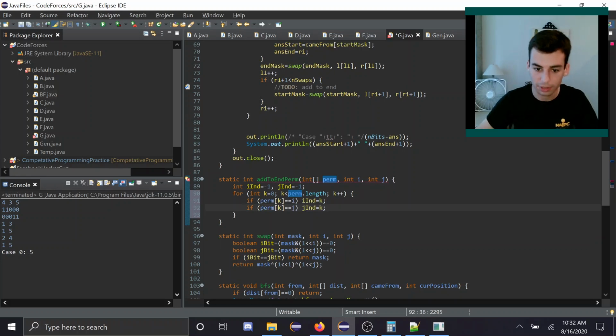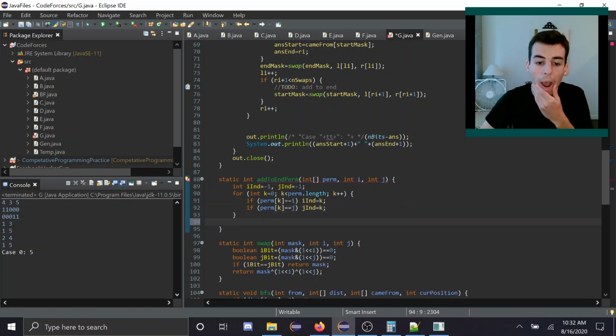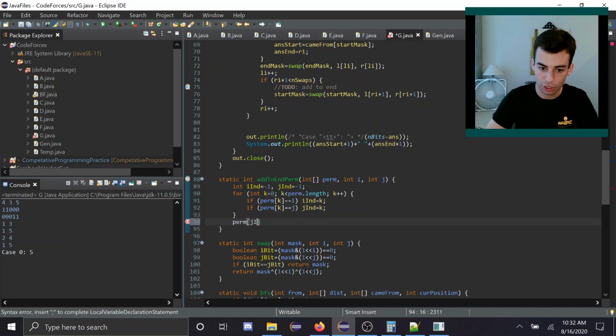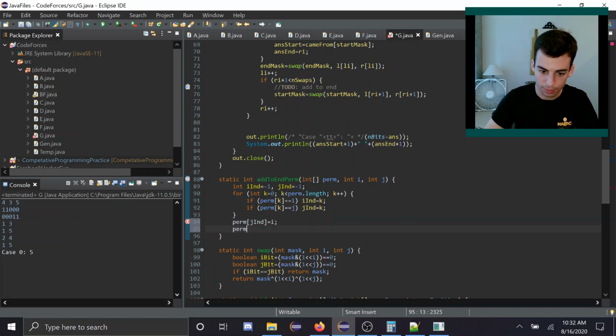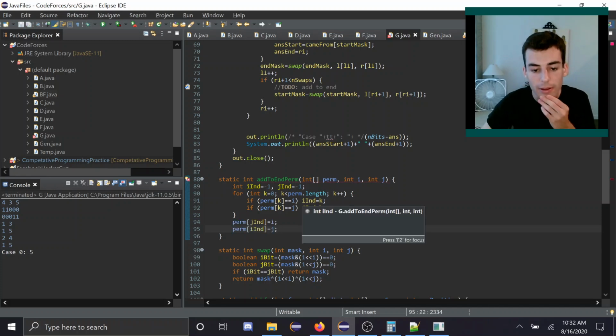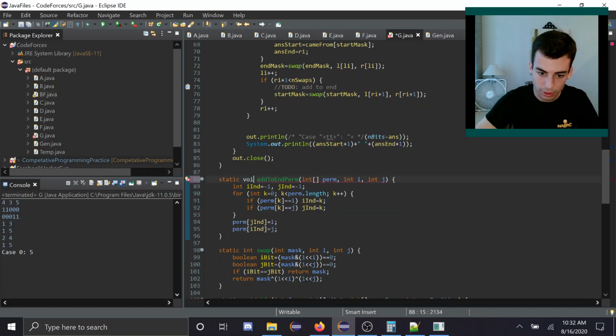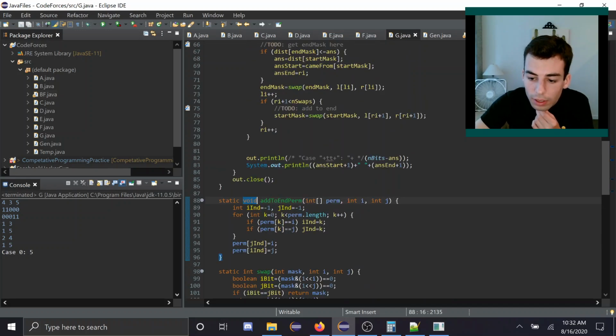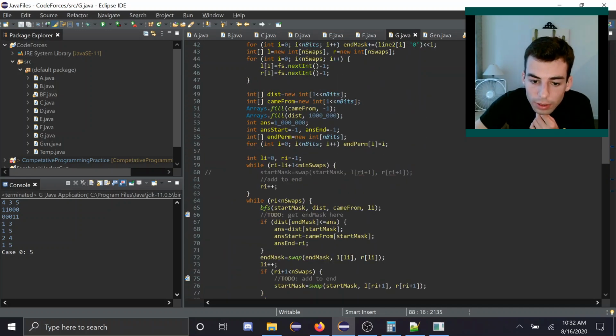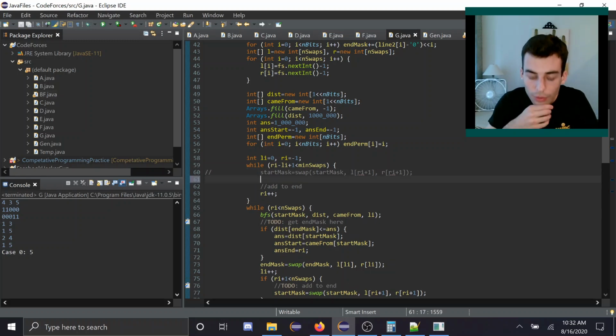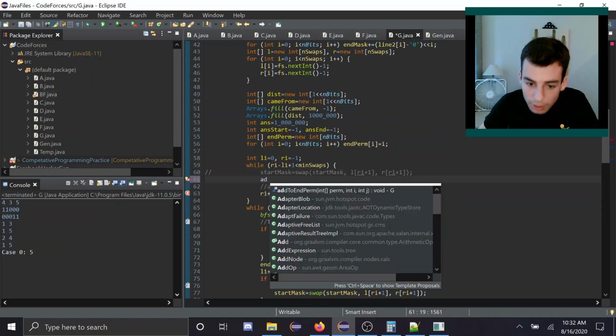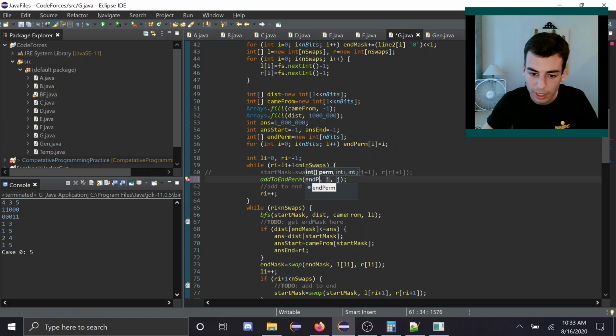Here, then j index equals k. Yeah, so now perm at j and I, perm at I equals j. This is just void. So now this is add and perm.